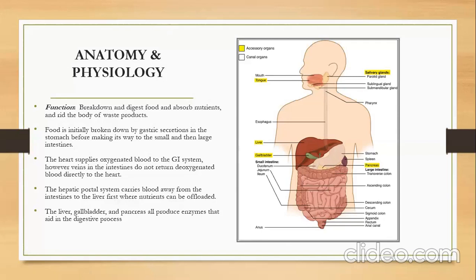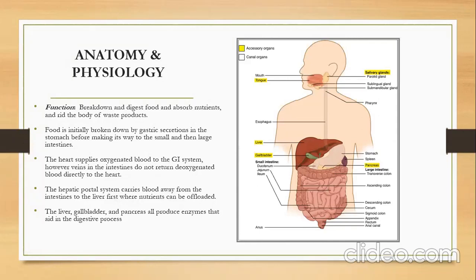The canal organs make up basically the canal that carries the food on through. So you got your mouth, you got your esophagus, stomach, small intestine, and large intestines.